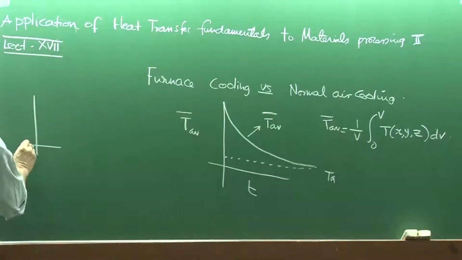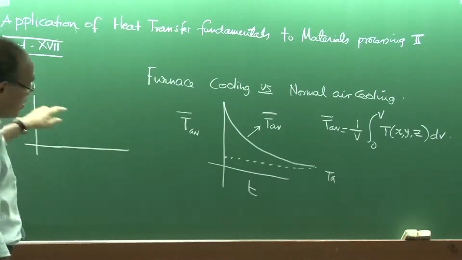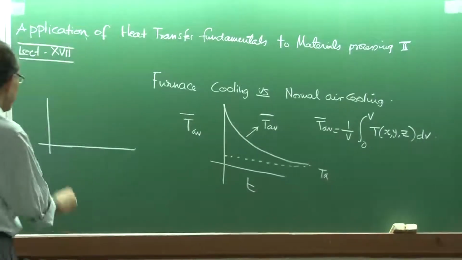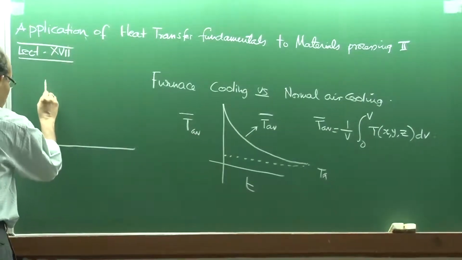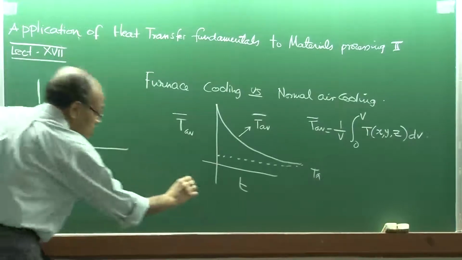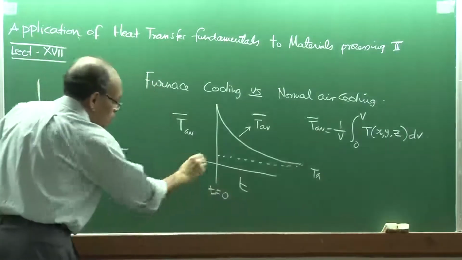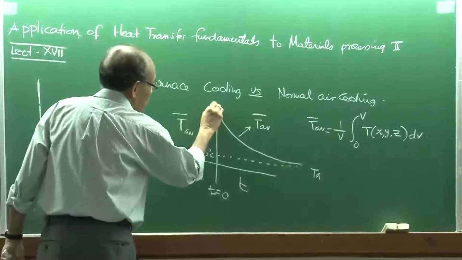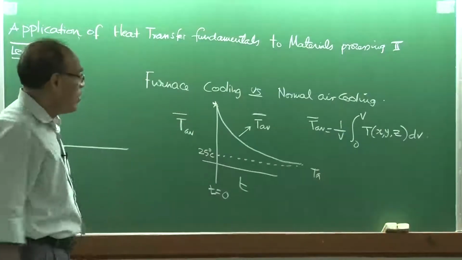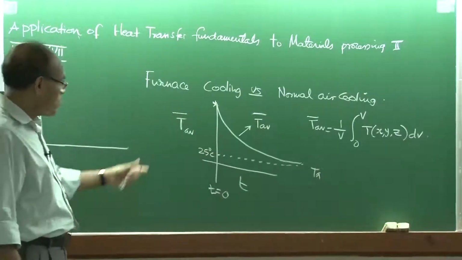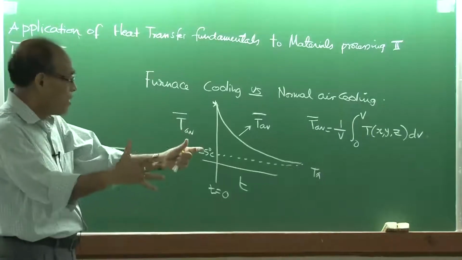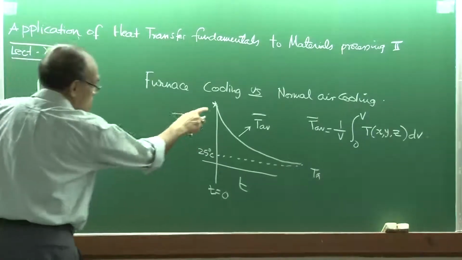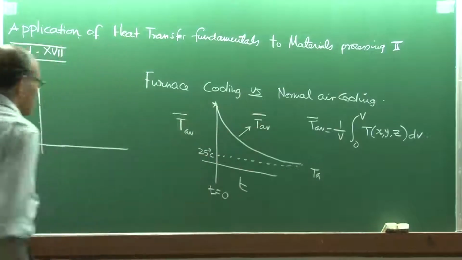Now, in the case of furnace cooling operation, because the object is kept in the furnace itself, again the solid average temperature is going to be decreasing as a function of time. But you must understand, this is our T is equal to 0, and this is maybe 25 degrees centigrade. And this is the time at which the ingot is stripped, or the slab is ready or it is cast, and that is the time T is equal to 0, from which the temperature changes.